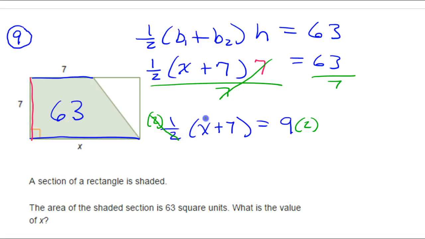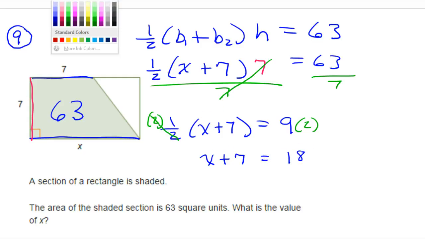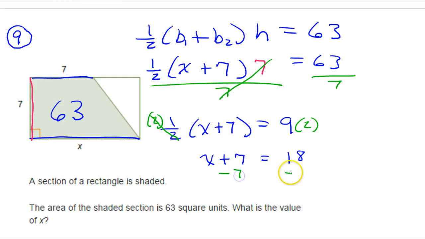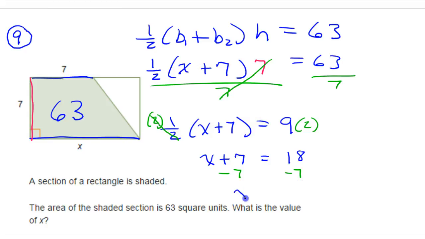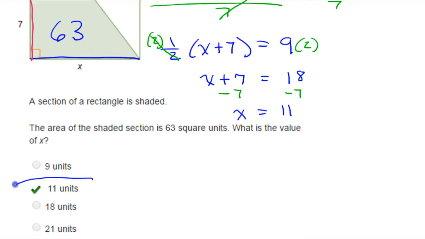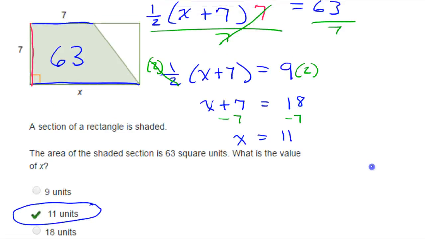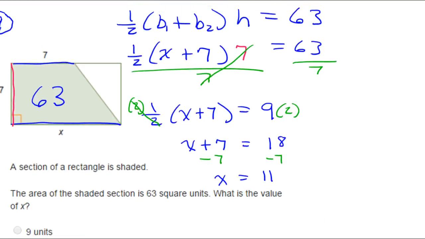Alright, that'll cancel those out. So that's going to leave me with x plus 7 is equal to 18. Then I would subtract 7 from both sides. And that would leave me with x equals 11. Kabam! Let us move on.